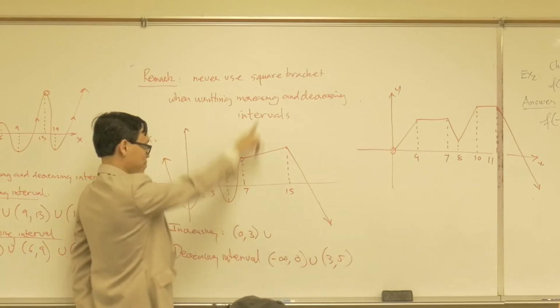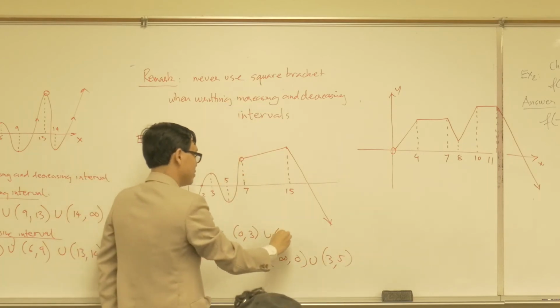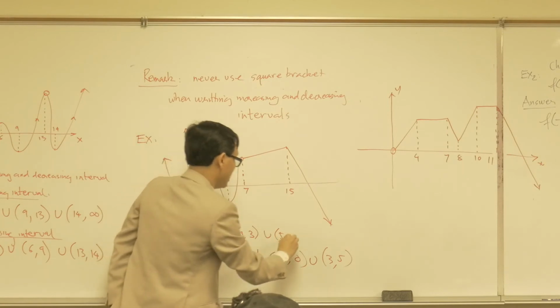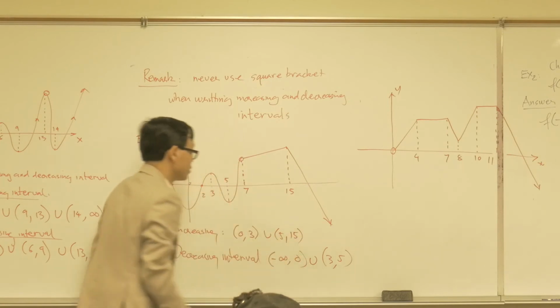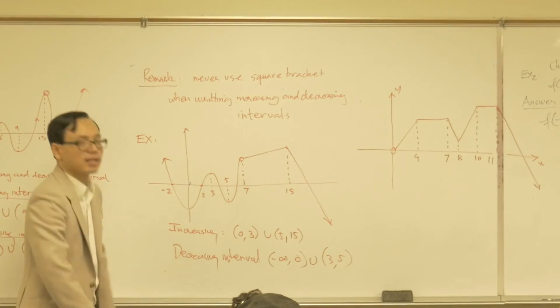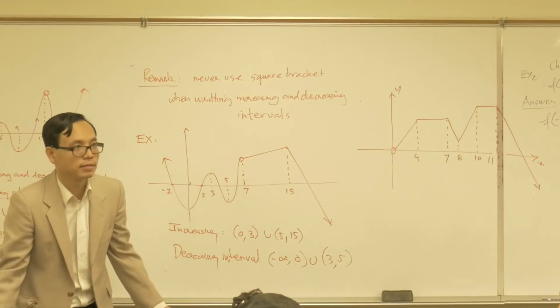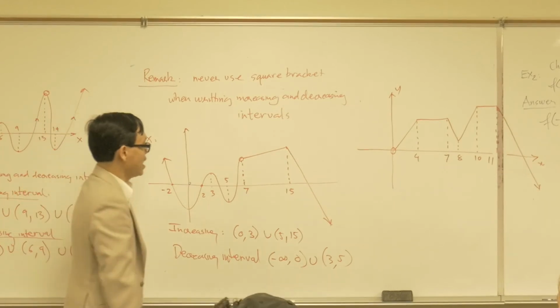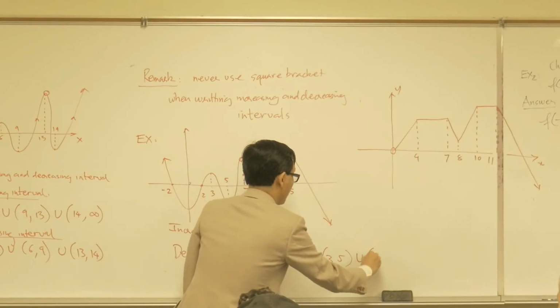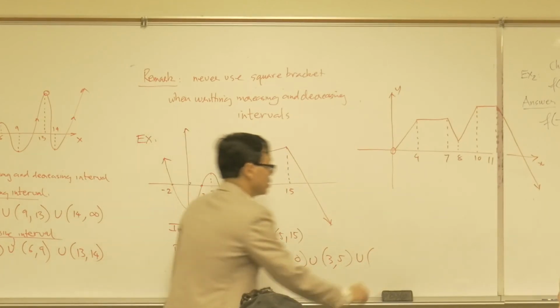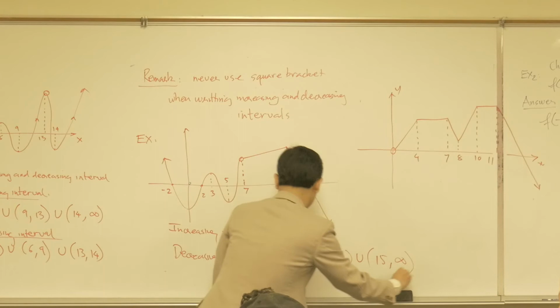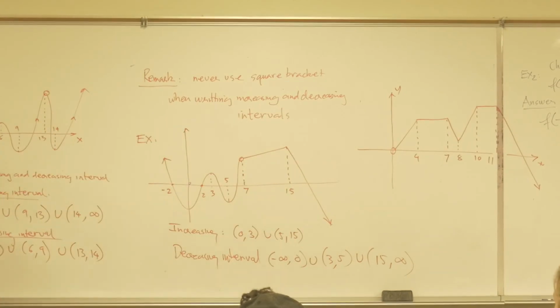Then you climb up, 5 to 15. Very good. You can split them up, 5 to 7, then 7 to 15. Then you start climbing down from 15 to infinity. Alright, so that's the answer for that.